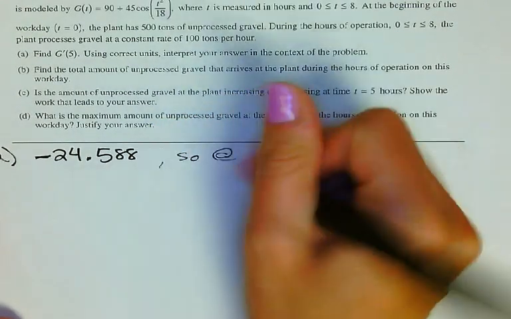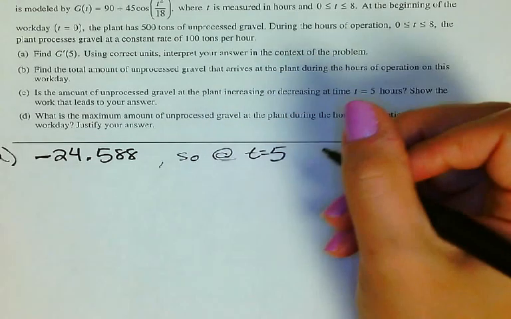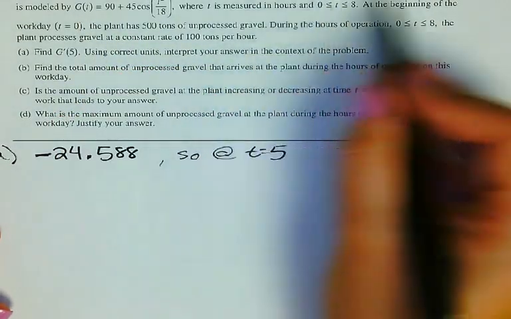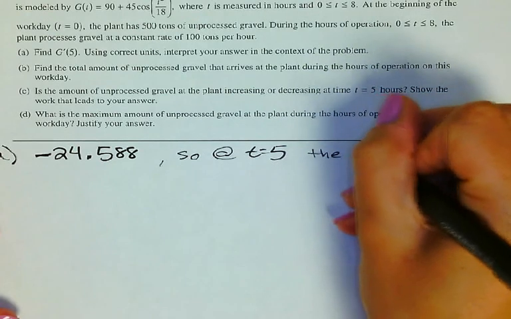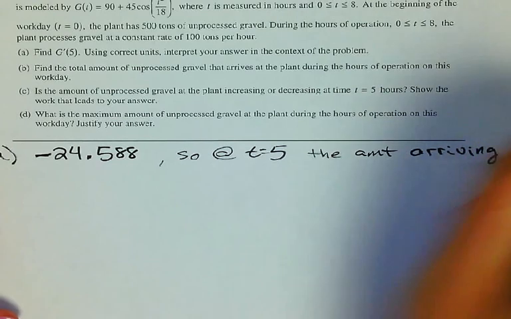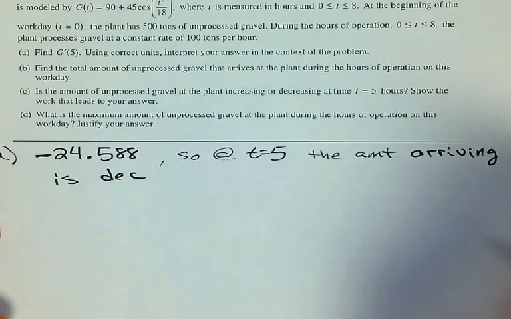So, at t equals 5, the rate at which the gravel is arriving to the plant, we took the derivative of the amount arriving to the plant, the amount arriving is decreasing. That's where that negative comes into play.